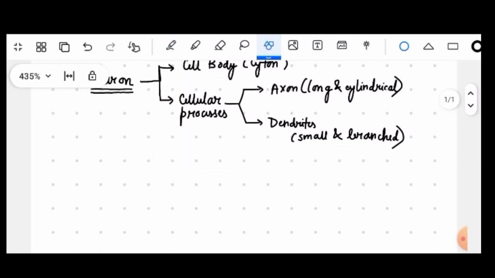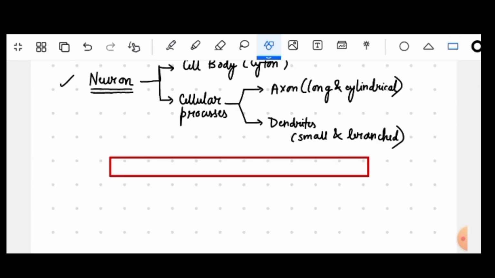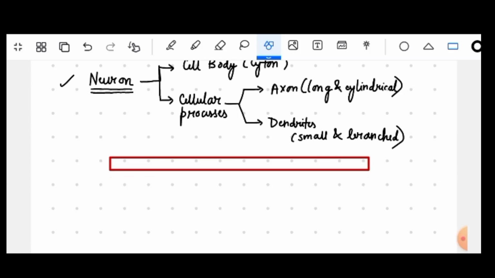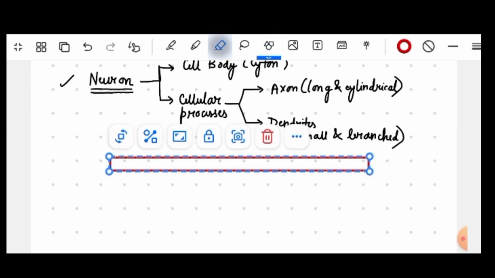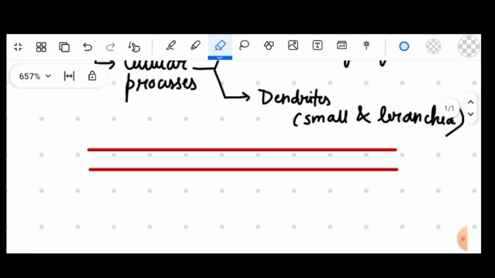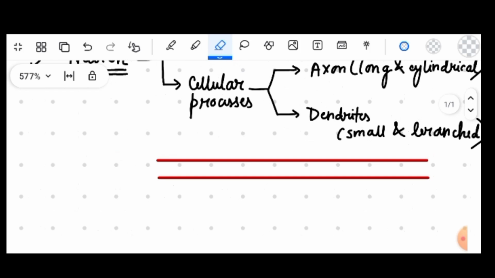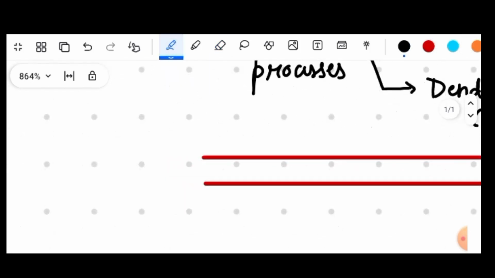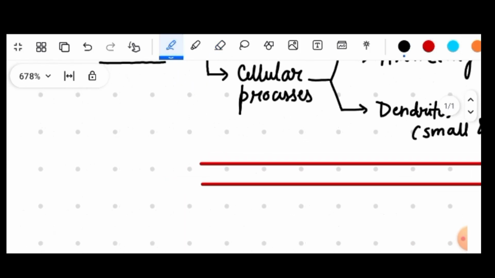We will draw the axon first. Okay, we've drawn the structure of the axon. Now I will draw the cell body. I will explain everything, but first let me draw the outline.